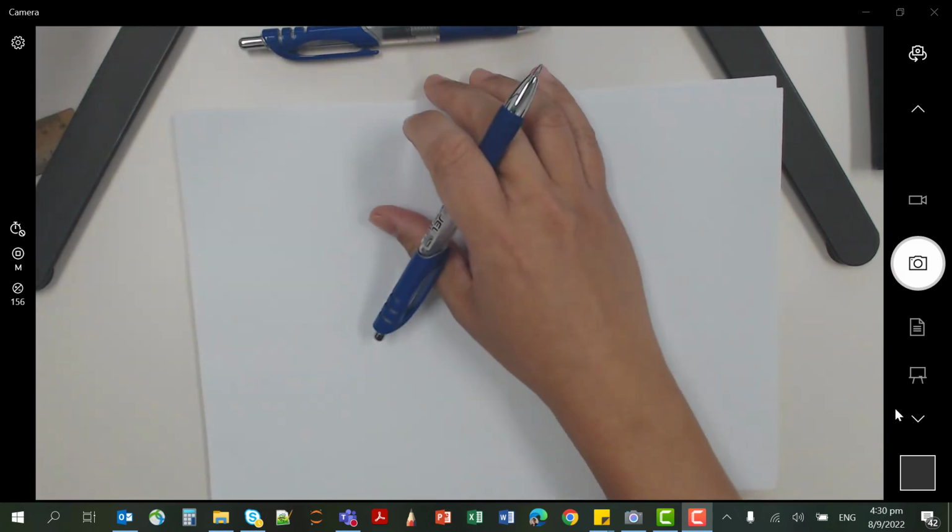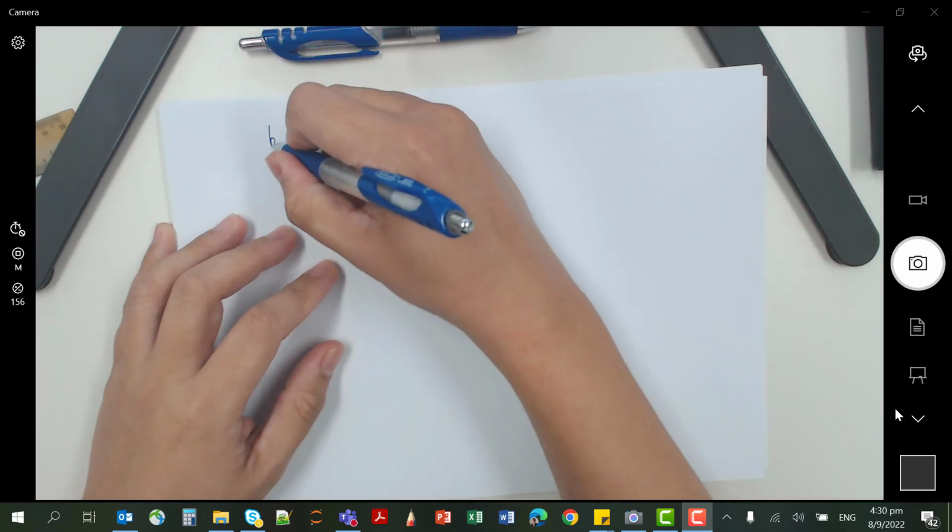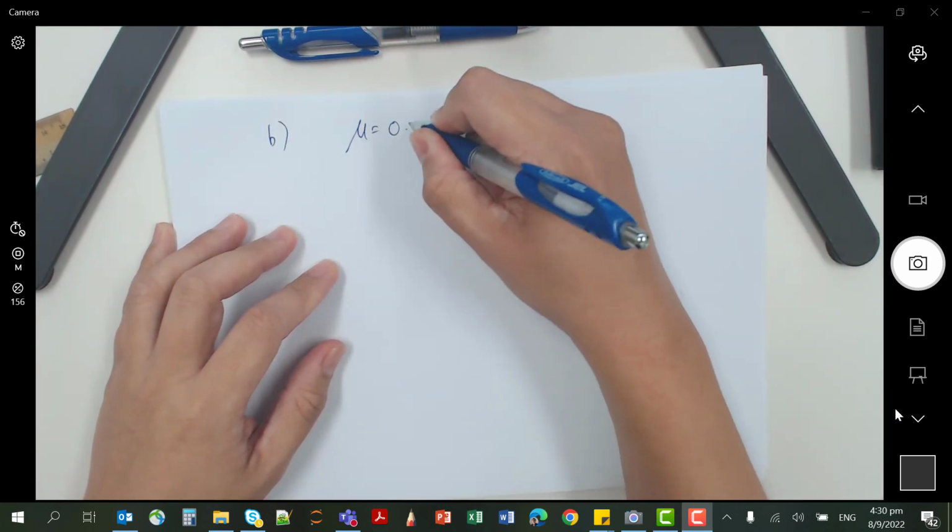Now part B is saying that your surface now has a friction coefficient of 0.3.